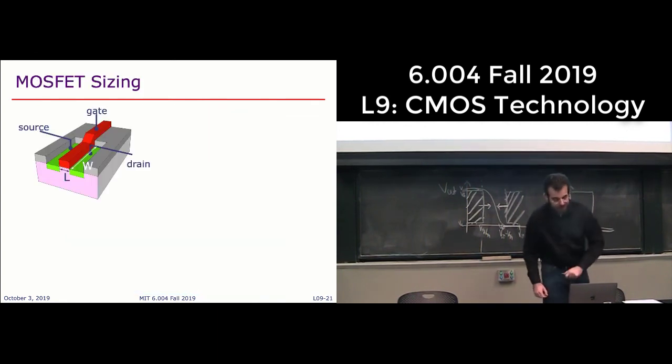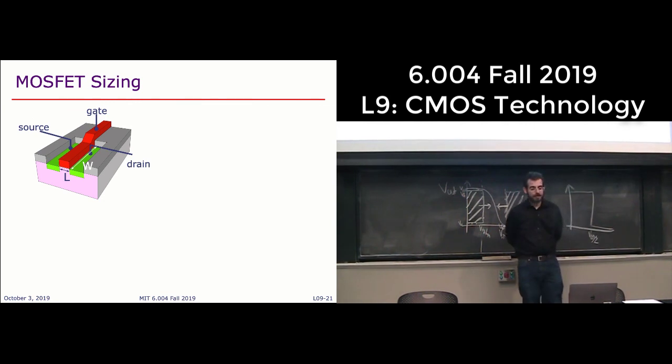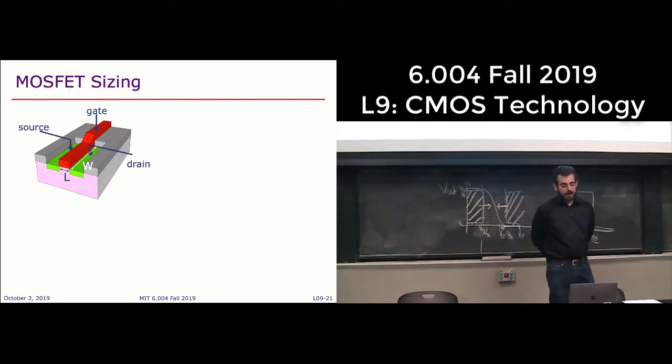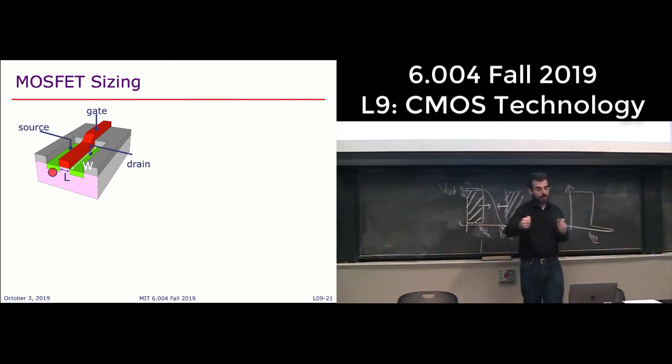However, you can make some trade-offs as to how you size your transistors. There are two dimensions here. The first one is the distance between the source and drain terminals. We call this L, the channel length. And then we have the width: how wide is this transistor?